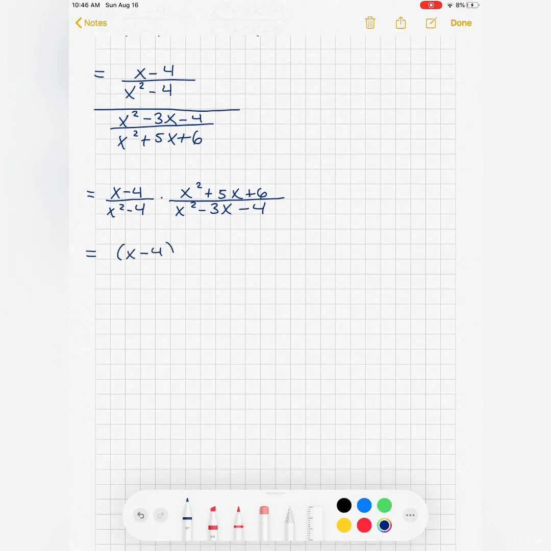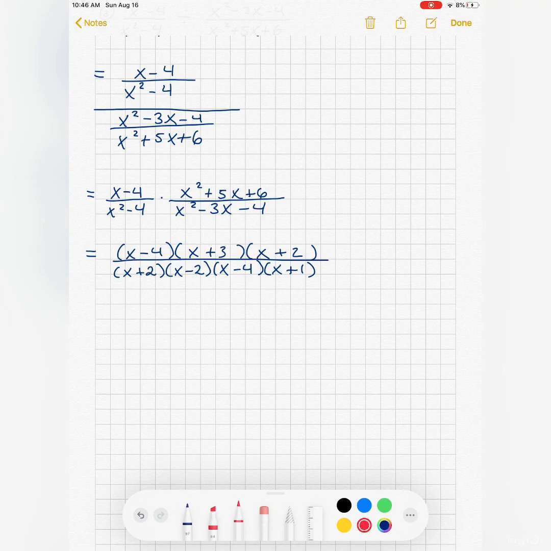Now this is just like the first example, as in I'm multiplying straight across. Let me see if I can figure out the factors. 6, so 3 and 2. That multiply to 6 and add to 5. X squared minus 4 is my difference of squares. And then, is that minus 4 and plus 1? Looks like it.